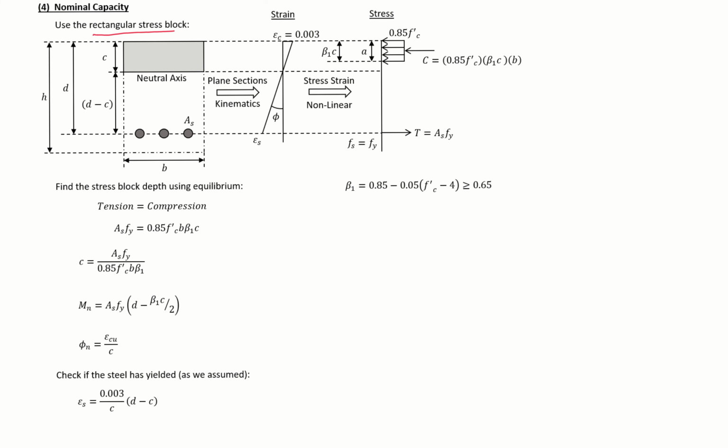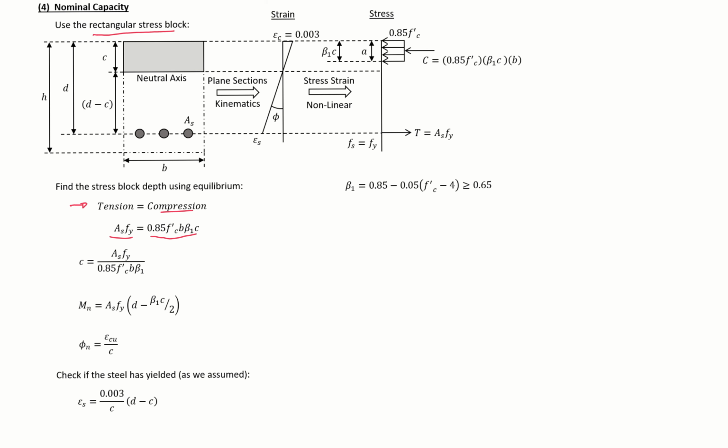And here we need to start from equilibrium, and we start with tension equal to compression. Our tension component is AS FY, and our compression component is just our rectangular stress block force here. If we had compression steel, we'd add it on the compression side. If we had another layer of steel somewhere in our tension region, we could add it on the tension side.